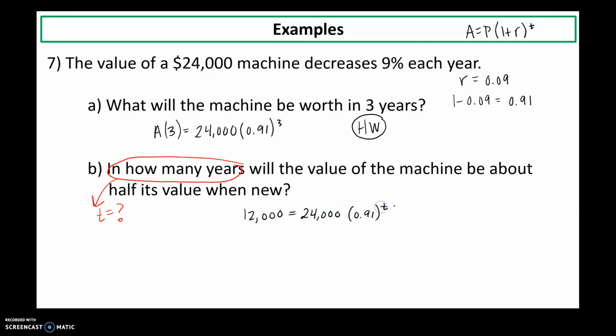There's my t. Dividing both sides by 24,000, that's where my half comes from. And something we'll talk about in class and actually use on the next slide, it does not matter what the initial value is. If it's half its value, then that's where my 1/2 comes from.